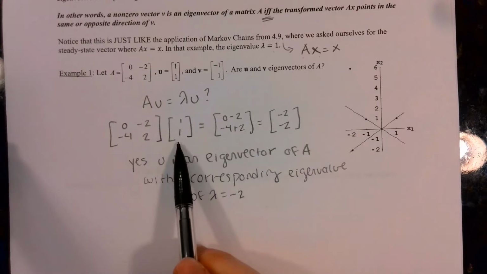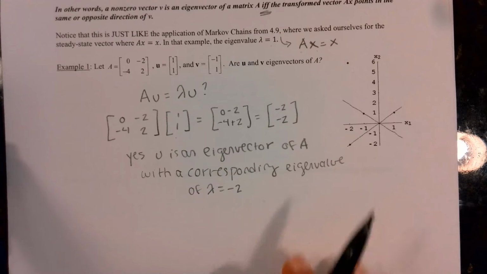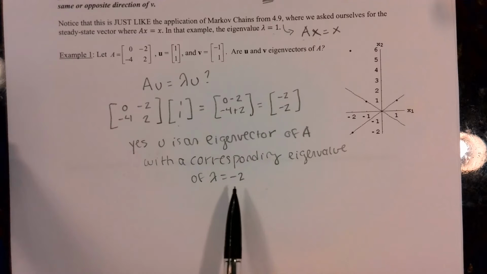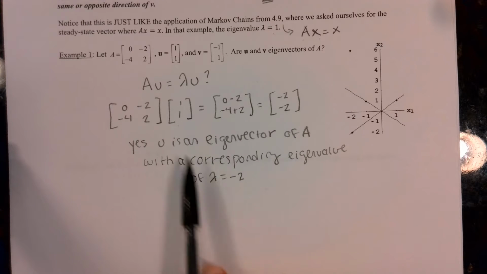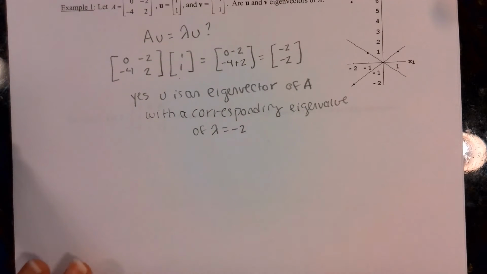Because if I multiplied this vector by negative 2, I would get the output vector. Notice that this eigenvector corresponds to this specific eigenvalue. That will be important. They are related, you can't break them apart.